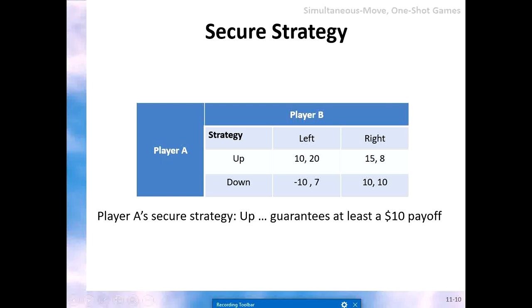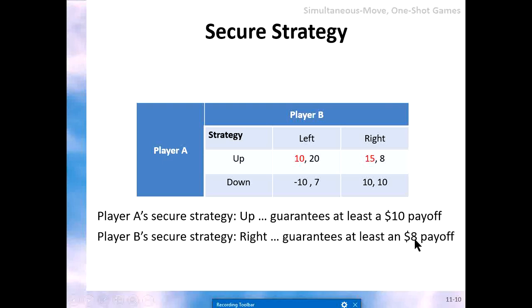But what about player B? For player B, the secure strategy is right. Why? Because he will guarantee the 8, whatever player A plays. Let's say if player A plays up, he guarantees 8: either he gets 8 or 20. So the minimum he guarantees in the worst scenario is 8.